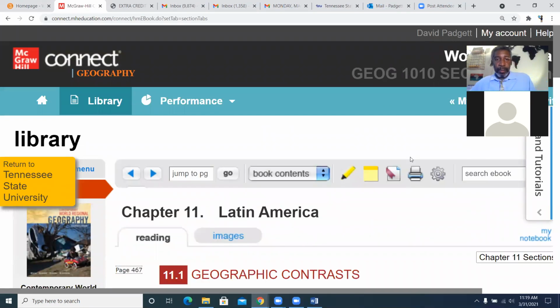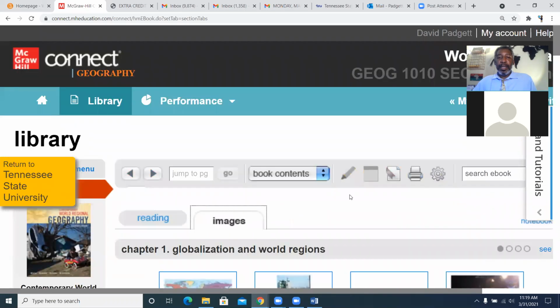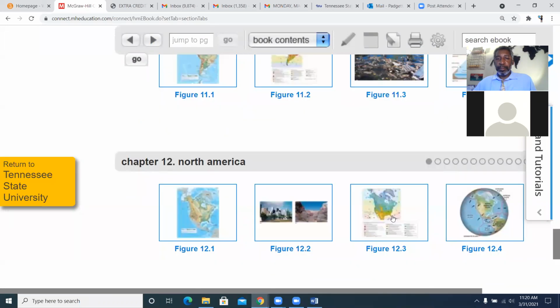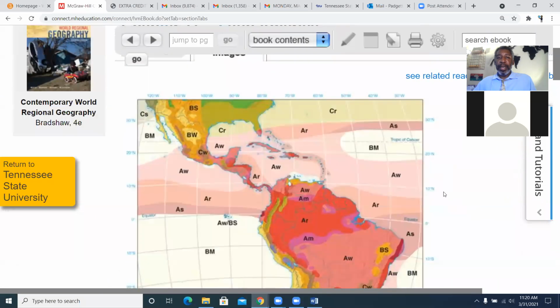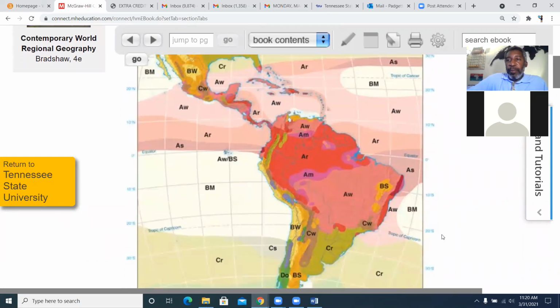and so we of course started off in chapter 11, and we started off primarily looking at the Köppen climate map for Latin America and the Caribbean.